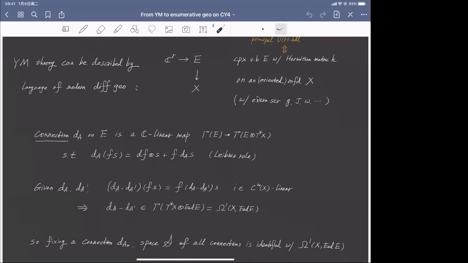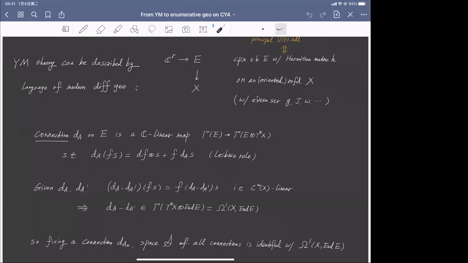Here f is a smooth function and s is a section of E. We multiply, and this is still a section, so we can apply this operator dA on it. Then it should satisfy this equality, like the Leibniz rule in differential calculus.